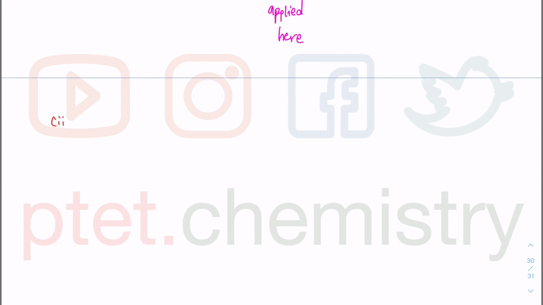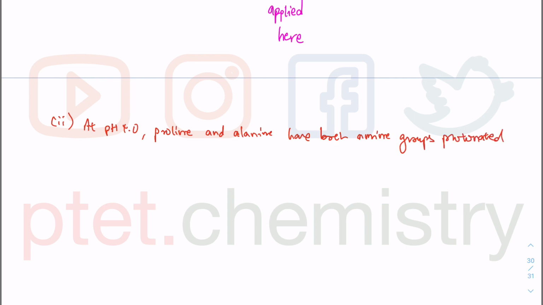So this is part 2, electrophoresis questions. Quite a lot of lines for that format. I guess the first thing I should say is that at pH 4.0, proline and alanine have both amine groups protonated, as pH 4.0 is less than their isoelectric point, something you have learned from the syllabus, from this part of the curriculum.